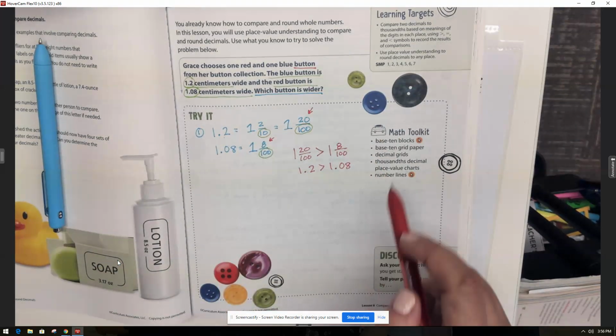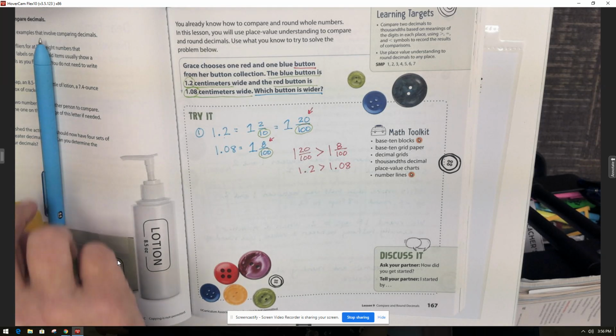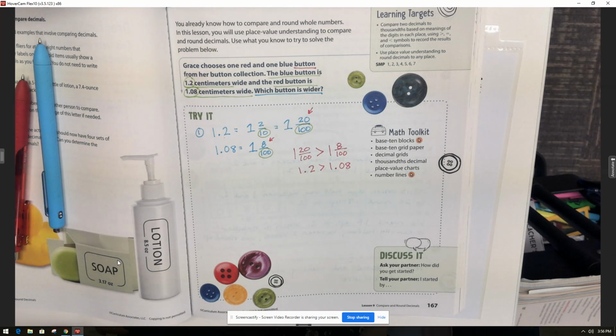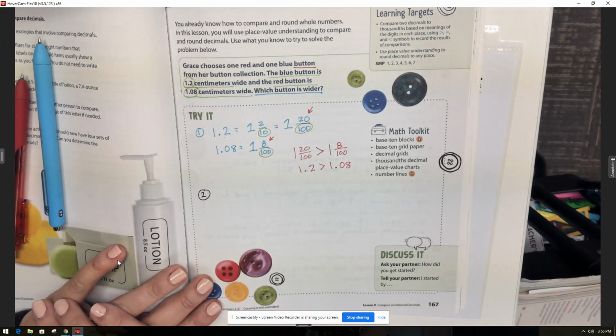So that is one way that I could solve it. But maybe that way doesn't really make sense in your brain. So I want to show you another method that might make sense in your brain, because we don't all think the same way.